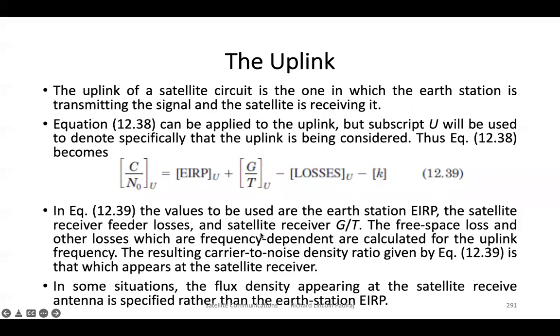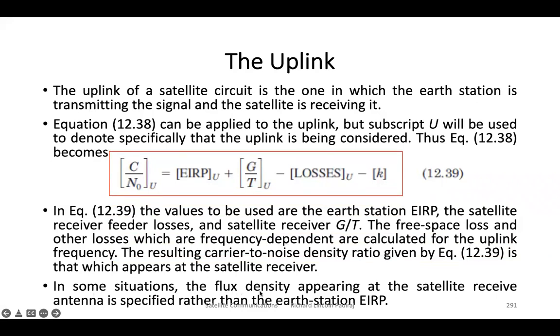All this will be with respect to the Earth station, with respect to the uplink frequency. The resulting carrier to noise density ratio will be given by the formula that you are going to use. You can just note it. This is the formula.